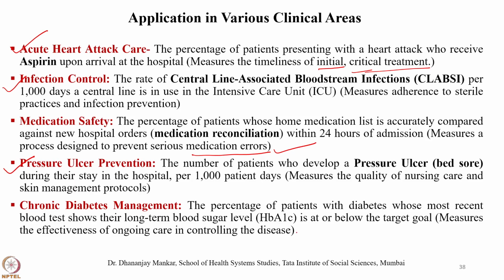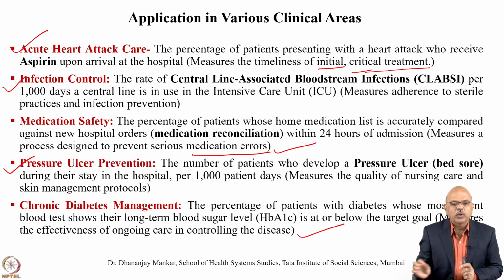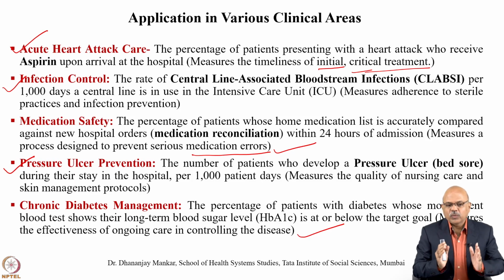It might be good, it might be bad, or sometimes we may say you need to work on this with a more effective drug. It tells you about the entire ongoing care, whether you are controlling the disease or whether you need to take a step toward more diagnostic performance. So with these examples, I hope the application of clinical indicators is much clearer to you.